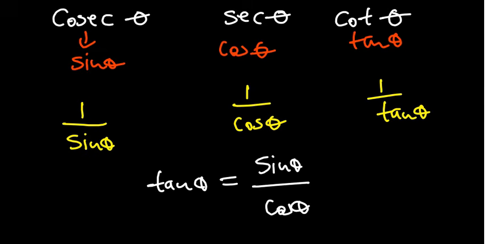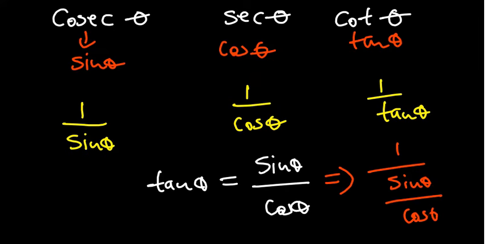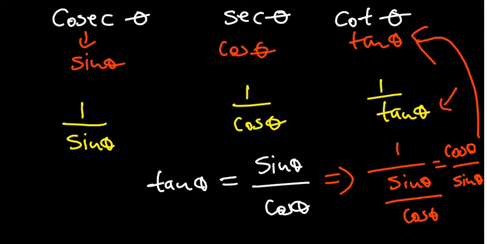So if cotangent is 1 over tan theta, we substitute, and the reciprocal gives us cosine theta over sine theta. So cosine theta over sine theta is also cotangent, same meaning.